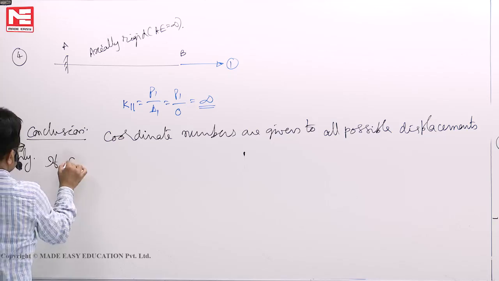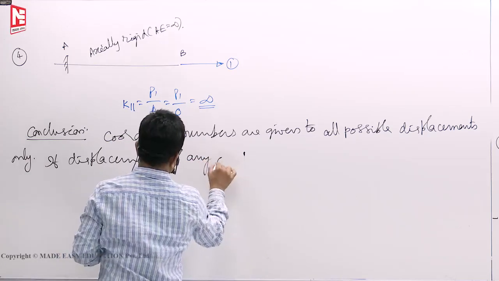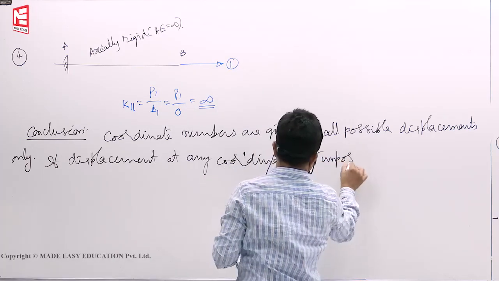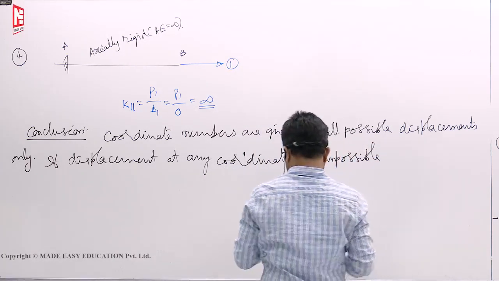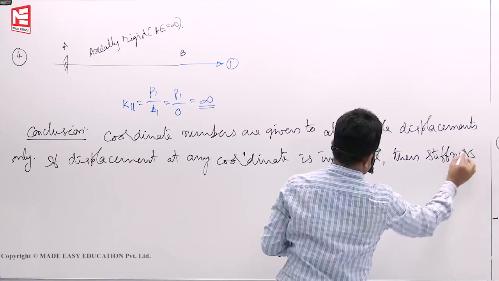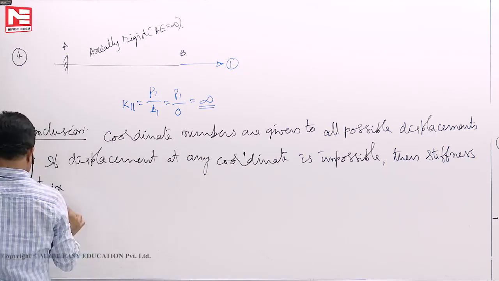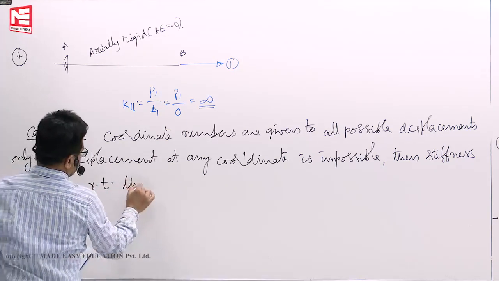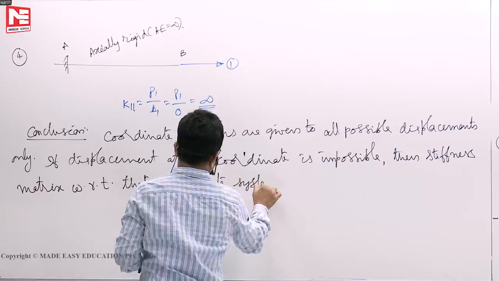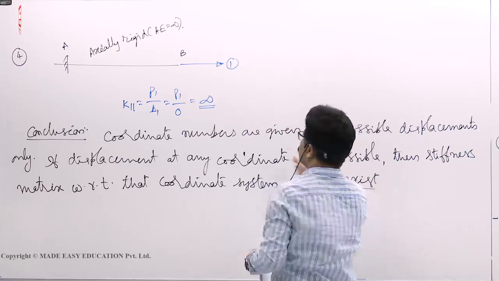If displacement at any coordinate is impossible, then the stiffness matrix with respect to that coordinate system will not exist because of this problem.